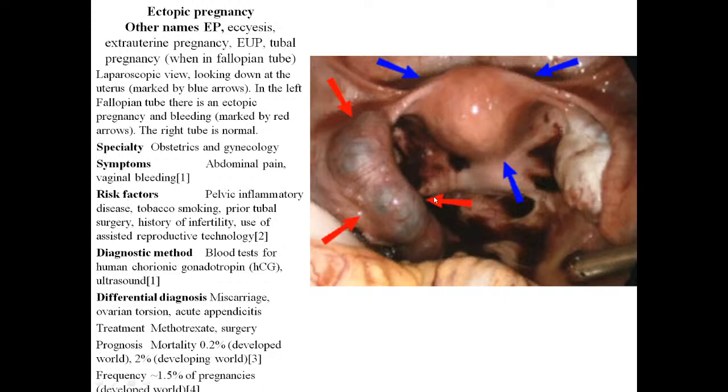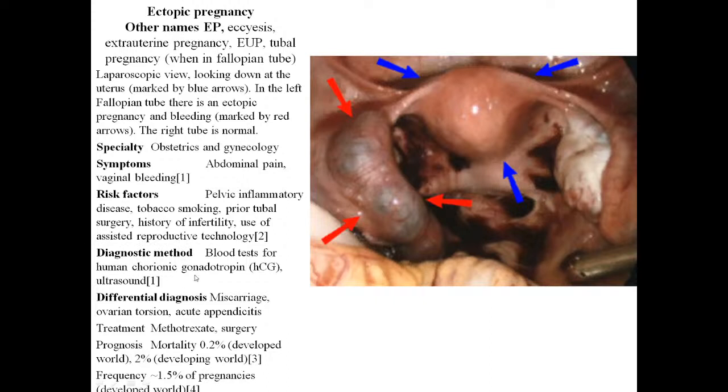Risk factors that can lead to ectopic pregnancy: pelvic inflammatory disease, tobacco smoking, previous tubal surgery, history of infertility, and use of assisted reproductive technology.